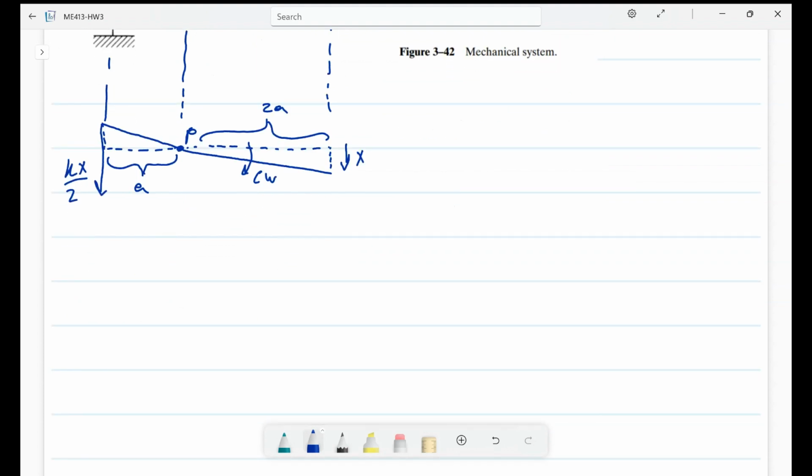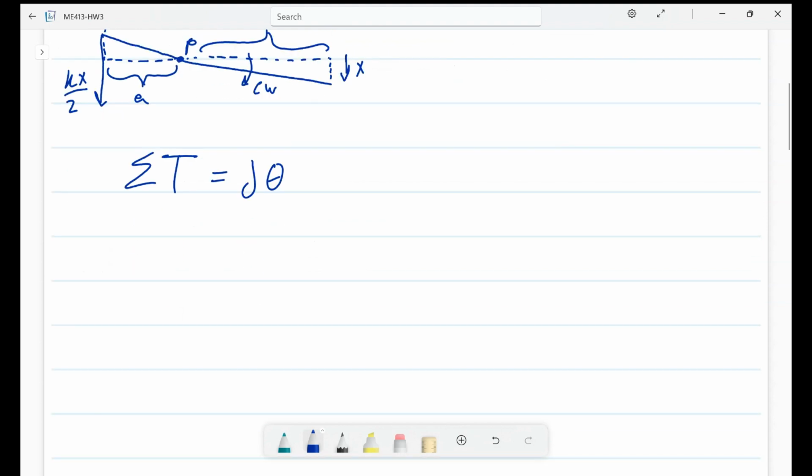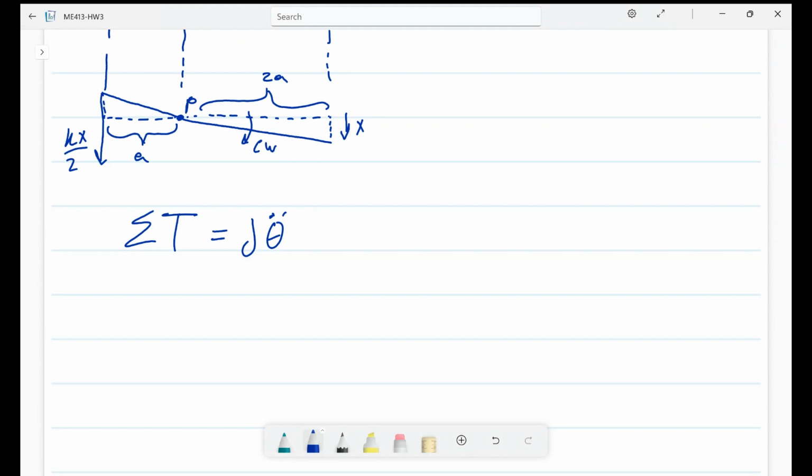So our equation of motion will be the summation of torques or moments equal to J theta double dot. The only force that is doing some torque or moment is kx over 2, the spring reaction force. And before putting this force, we need to know our convention. In this system, to know your convention, just always go with how your system is moving. If it's moving to the right, then your positive direction is to the right. If it's going to the left, then your positive direction is the left.